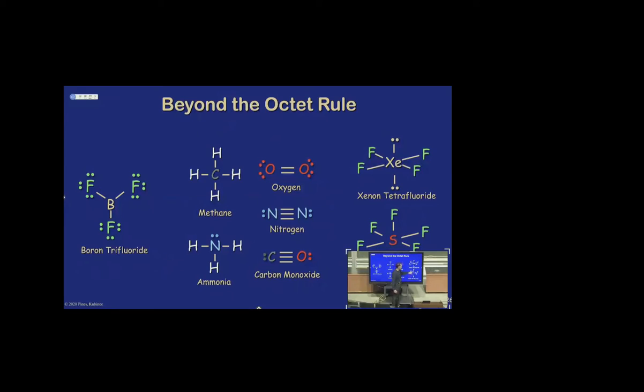Sulfur counts 2, 4, 6, 8, 10, 12. And the fluorines, I stopped drawing the other 6. That just gets tedious. And you're allowed to do that. You don't have to. We understand that if fluorine does this, its 6 valence electrons are still there, completing the octet.